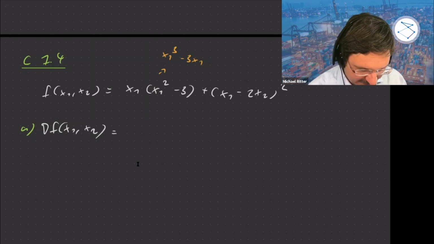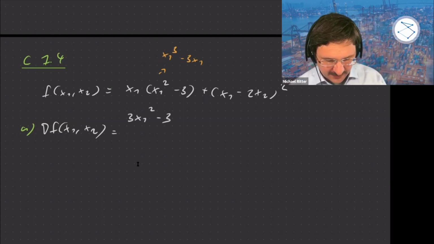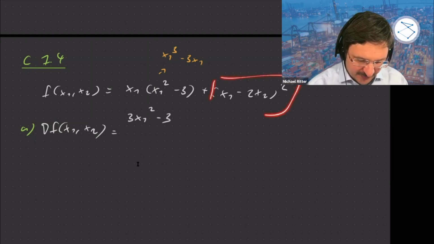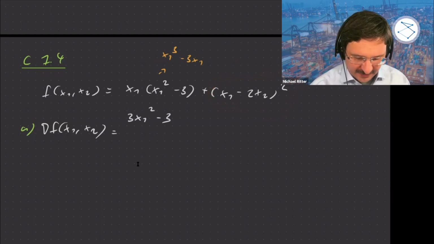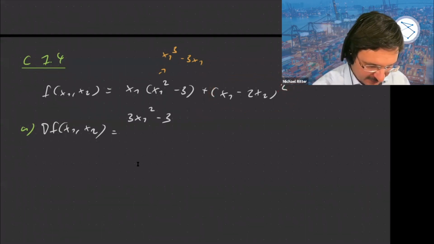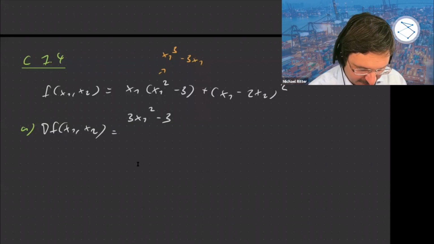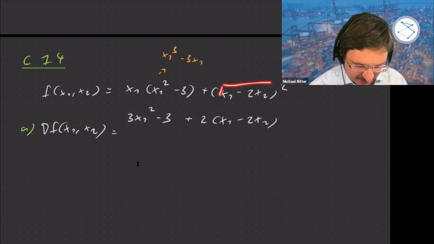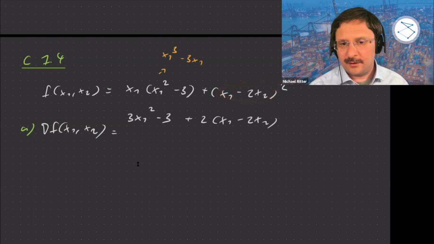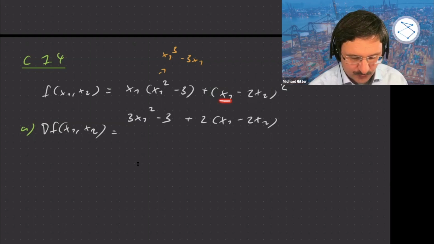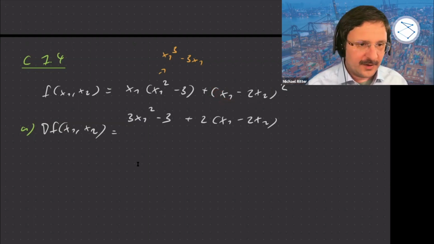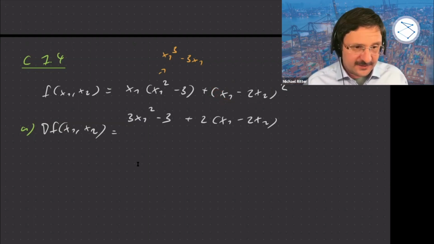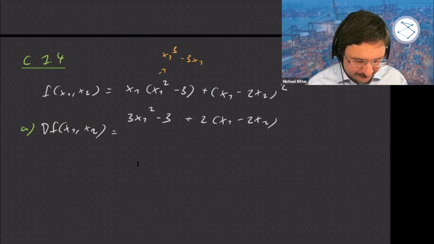And what we get is 3x1 squared minus 3. And for this term here, we differentiate the outer function first. So that's plus 2 times x1 minus 2x2, and then we multiply by the derivative of the inner function, and taking the derivative with respect to x1 is just 1. Okay, so that's the first part of our gradient.